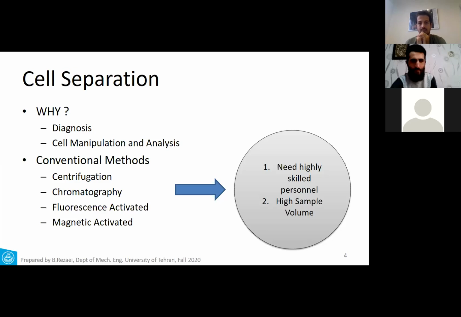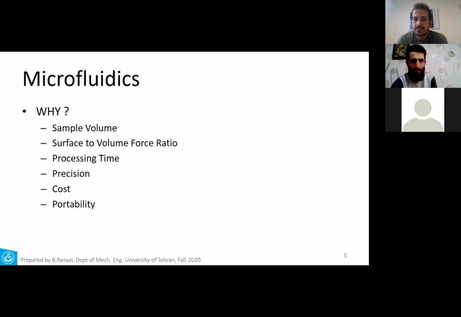These are conventional methods that have been used for many years, but there are some problems with them. As I've written here, they need very skilled people in the laboratory. So what's the solution?